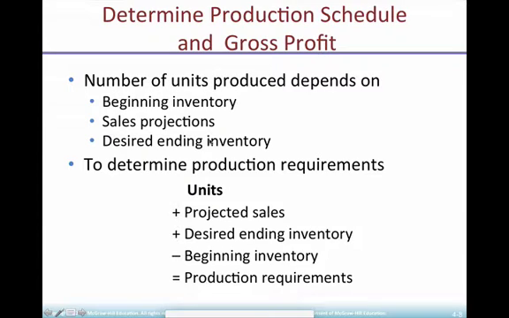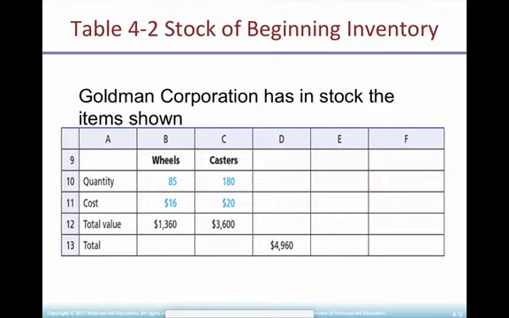And that's the formula that I'm sure you learned in your accounting class. Production requirements in units is projected sales plus ending inventory minus beginning inventory. Well, I don't have to produce this one. This is why we have a minus, because we already have it in beginning inventory. So that's the production requirements. And on the next slide, we are going to apply this formula to calculate the production schedule.